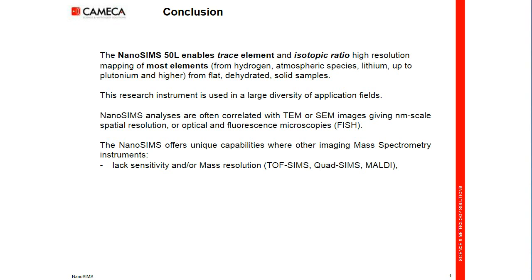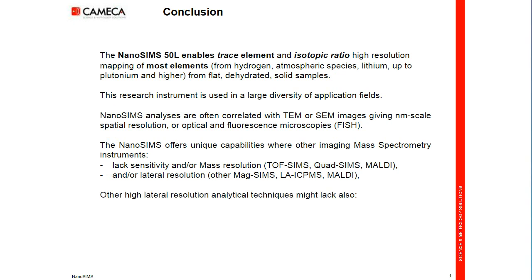MALDI, you will not access the low mass range, and you will miss resolution. In some other techniques, like magnetic sector SIMS or laser ablation ICP-MS, you will miss really the lateral resolution. Mostly the problem of resolution.